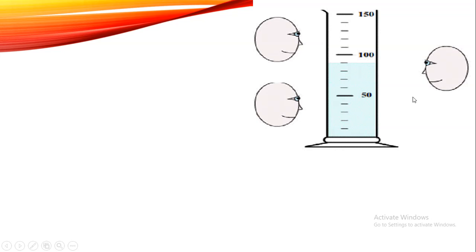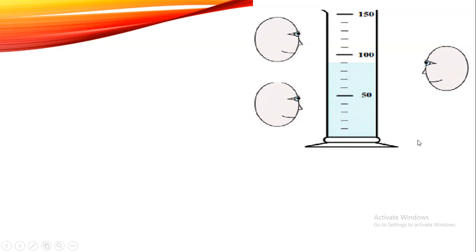You need to get down to the level of the liquid surface. The level of the liquid surface and your eye, they have to be at the same level so you can take a correct reading.